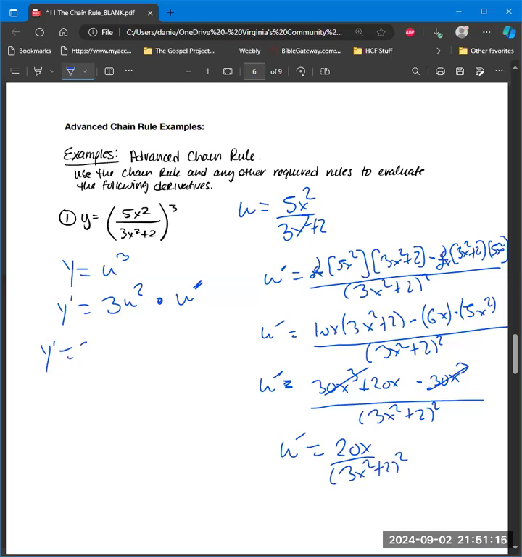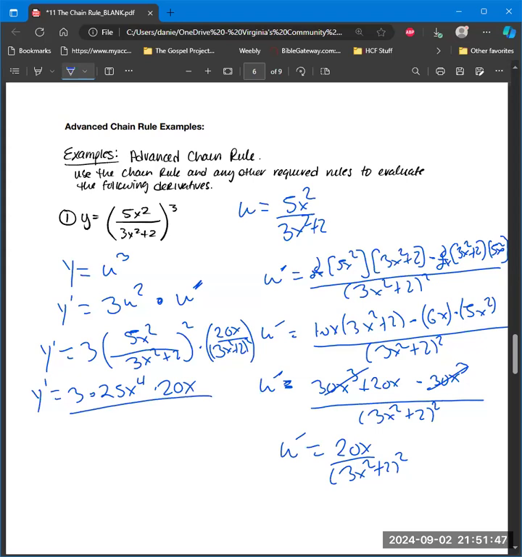So y prime equals 3 times something squared times something here. And this is 5x squared over 3x squared plus 2. And this is 20x over 3x squared plus 2 quantity squared. So y prime is 3 times 25x to the fourth times 20x over 3x squared plus 2. 2 and another 2 makes 4.